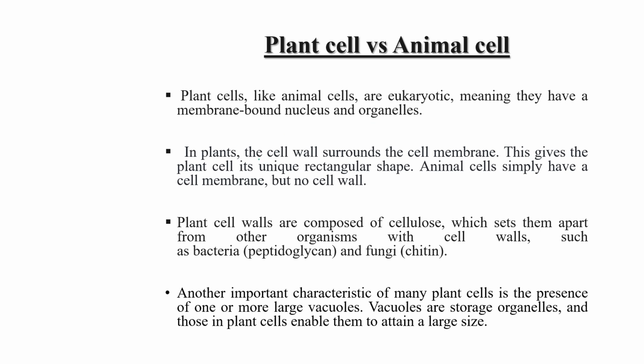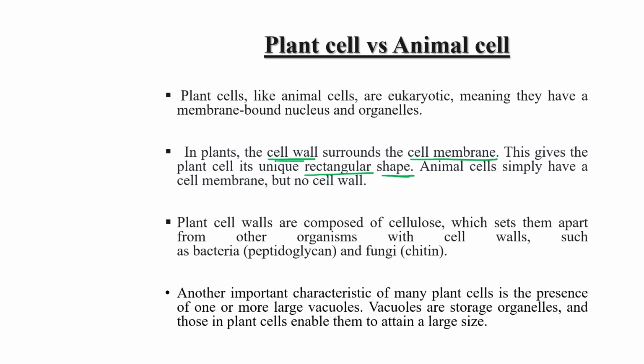The plant cell wall is present just after the cell membrane, so the cell wall surrounds the cell membrane. This gives the plant cell its unique rectangular shape, while an animal cell simply has a cell membrane.